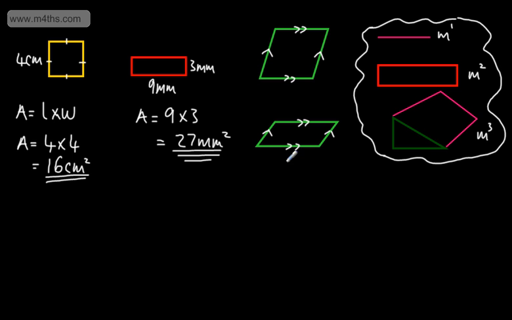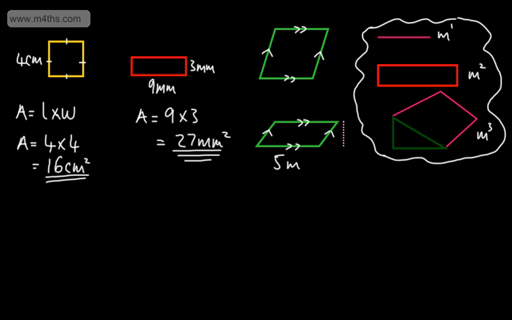So let's take the parallelogram. Let's say that this is going to be 5 metres long. What I need to find the area is a perpendicular height. So a 90-degree right angle here, and we can put that height on.